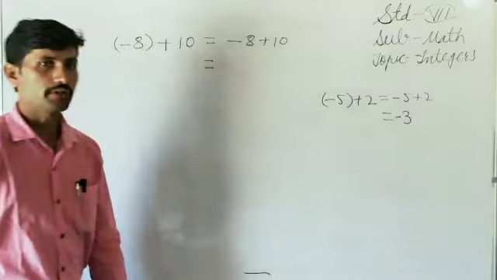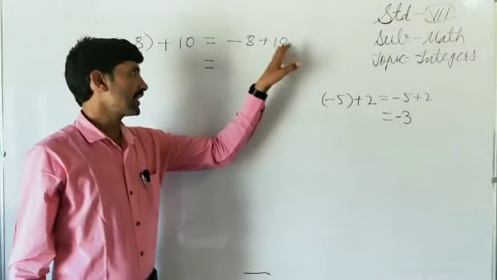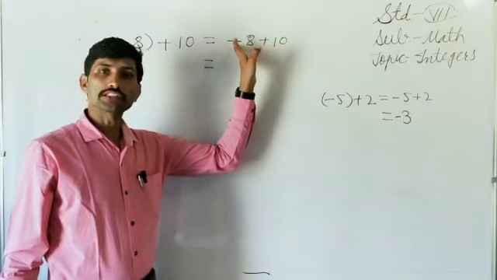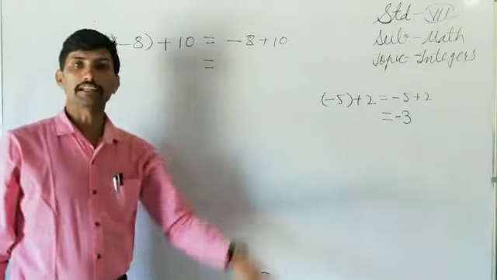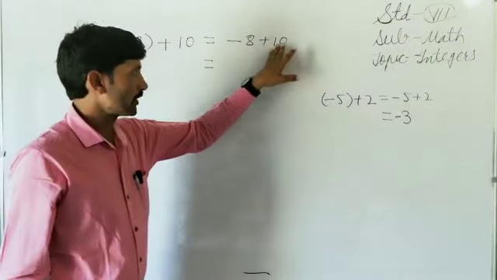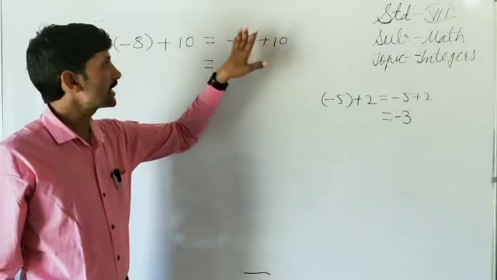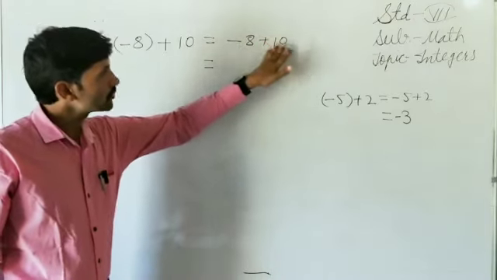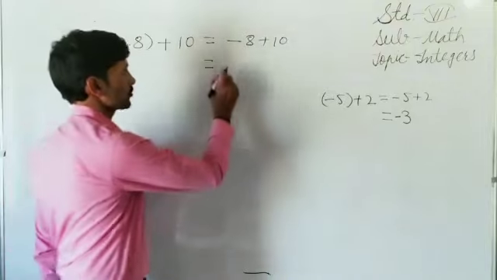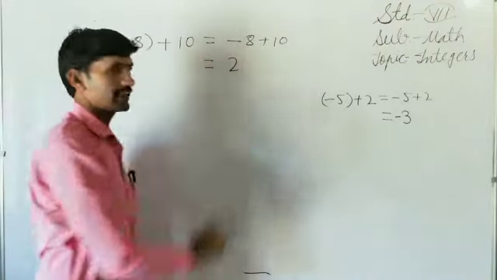Bracket we have removed here. So look at the integers. Both are of opposite signs. So we will find the difference of their absolute values. As we know, the absolute value of 10 is 10, the absolute value of minus 8 is 8. So what is the difference of 10 and 8? It is 2, that we have written. Now we will decide its sign.